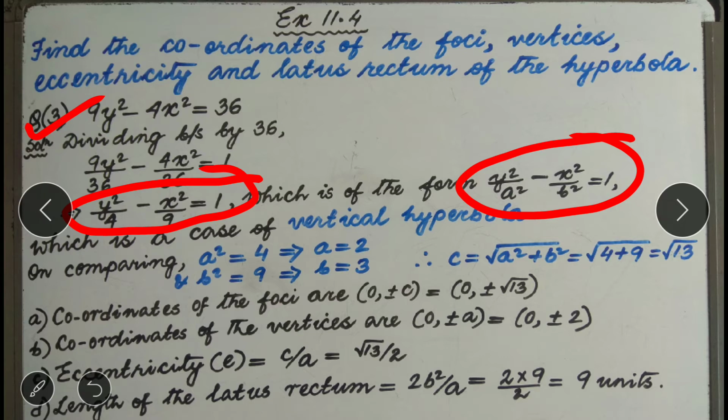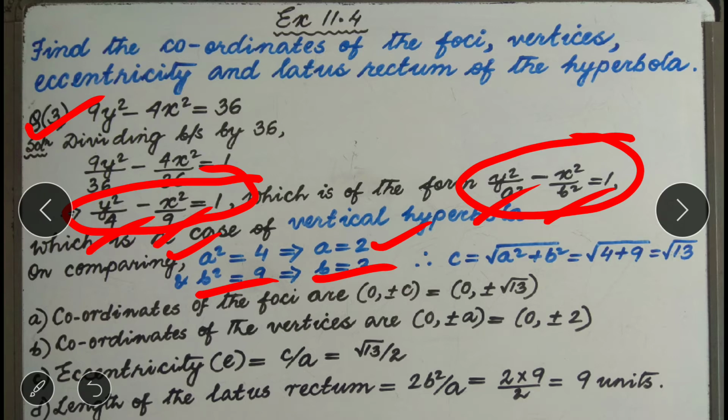Now, when I compare the denominators of y square in both the equations, a square is found to be equal to 4, and hence a will be equal to 2. In the same way, if I compare the denominator of x square with the denominator of x square of the other equation, b square equals to 9, and accordingly the value of b comes out to be 3.